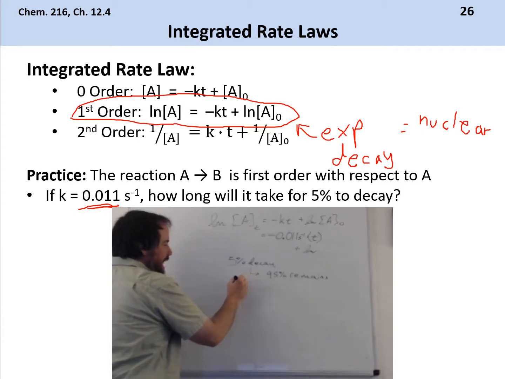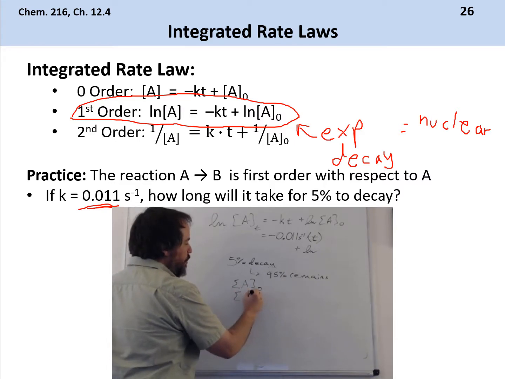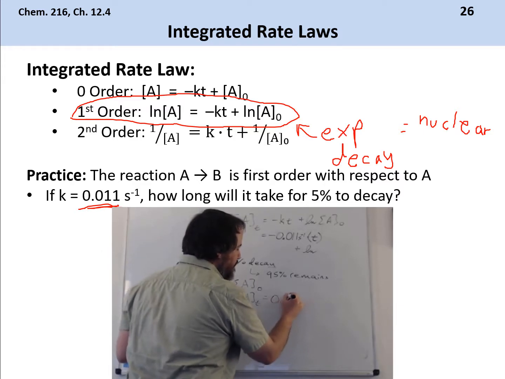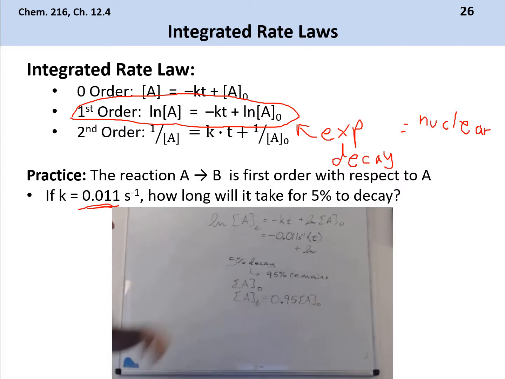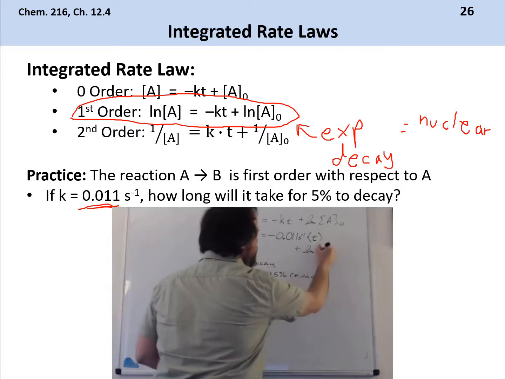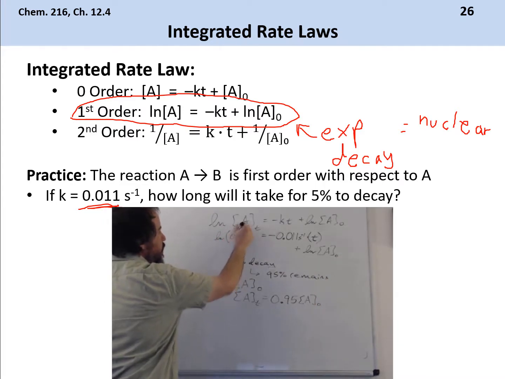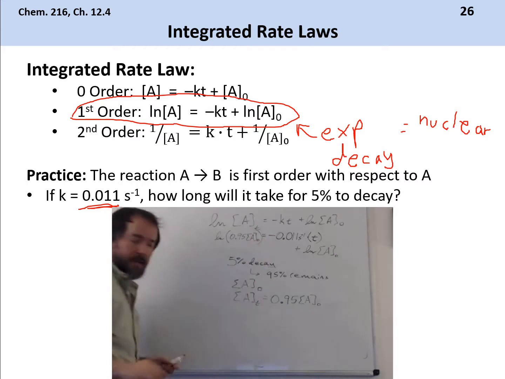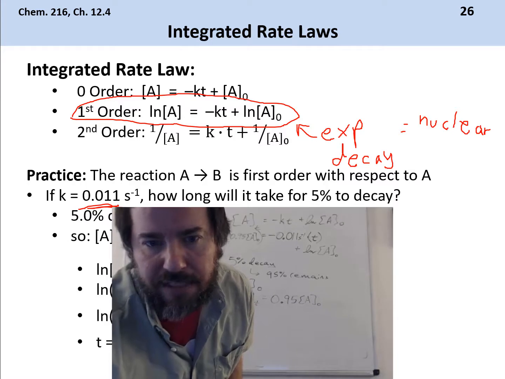So if I initially had A naught, my value at time t, the time I care about, is going to be 95% of this, or 0.95 times A naught. So now I can plug this in for my A_t, and now I can try to figure this out.